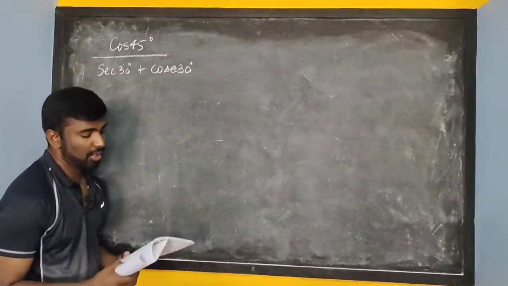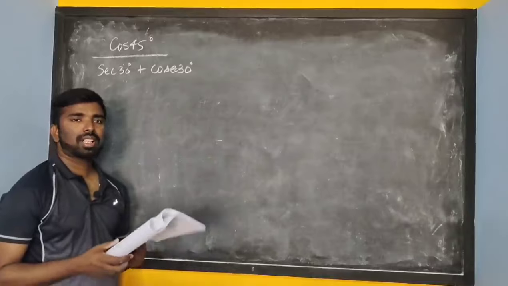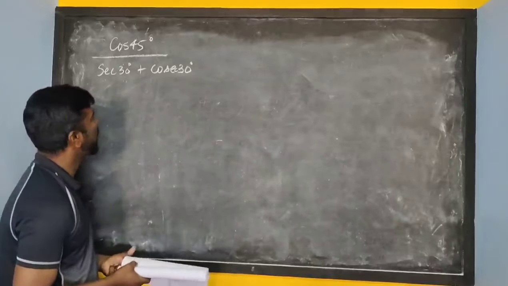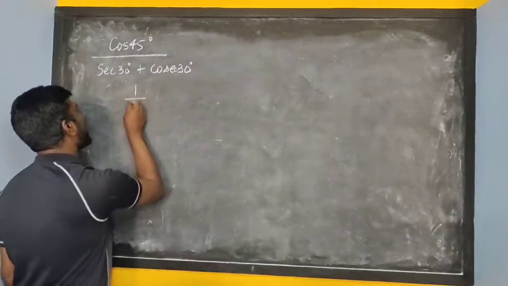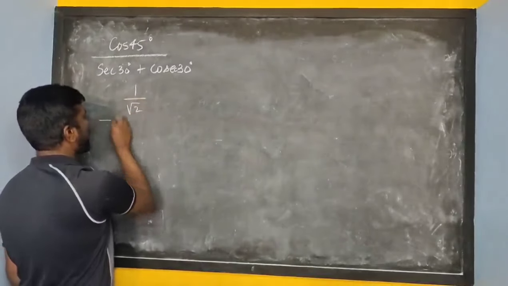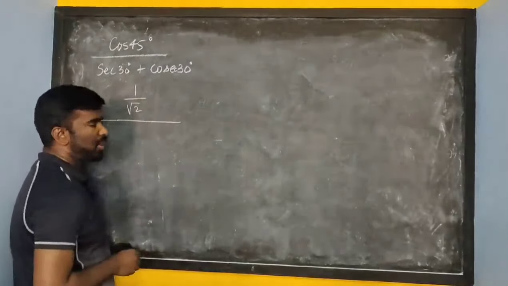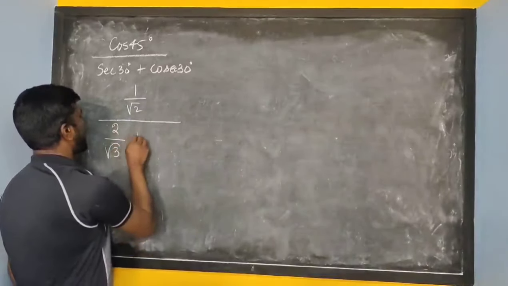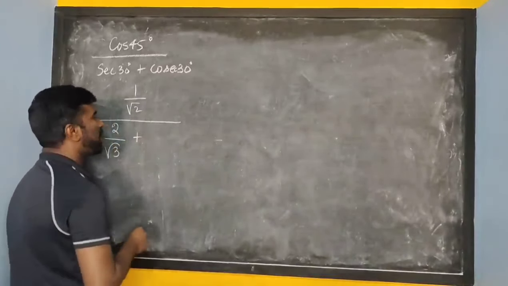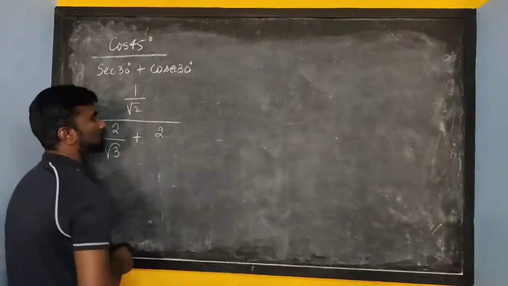Now students, what is the first step? Substitute the standard angle values. What is cos 45 value? Cos 45 value is 1 by root 2 whole divided by secant 30 value is 2 by root 3 plus cosecant 30 degree value is 2.